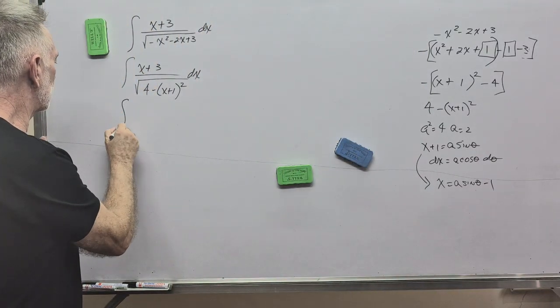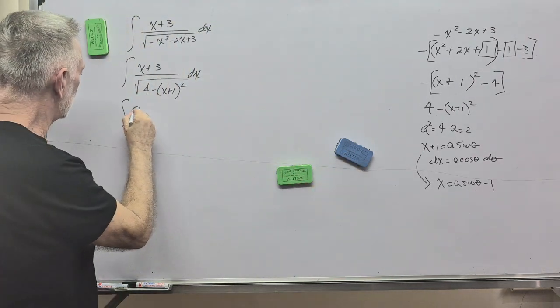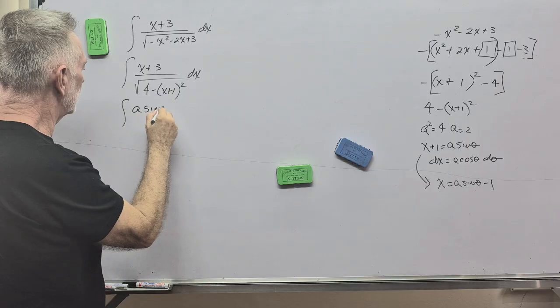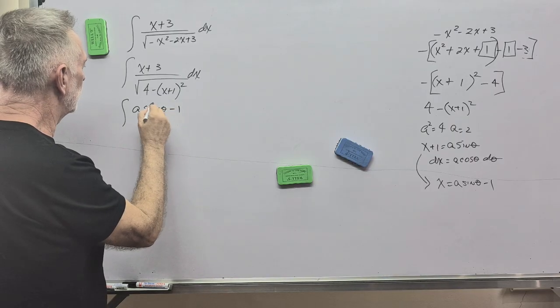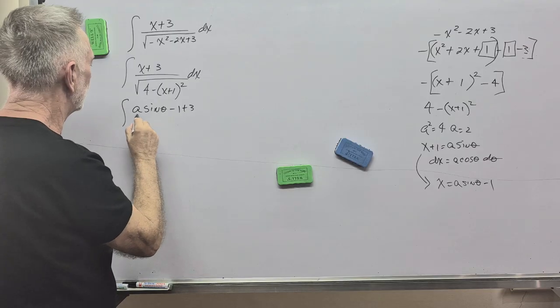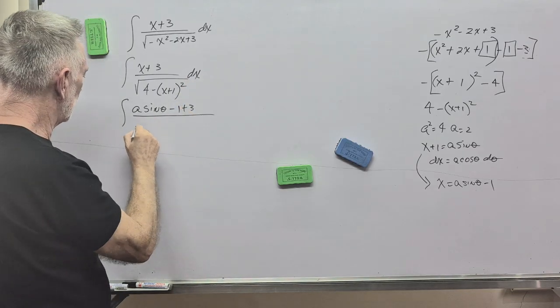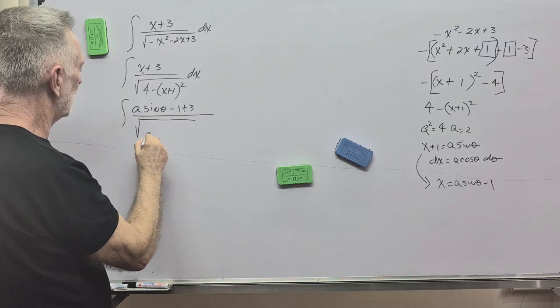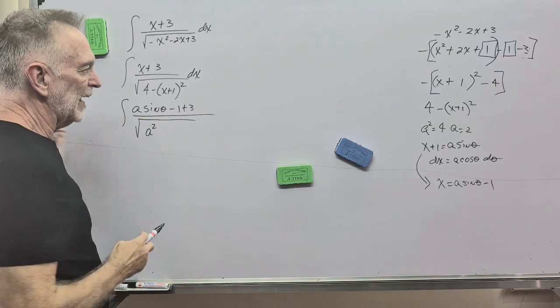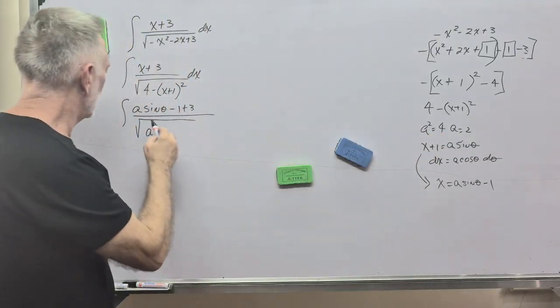I have the integral of x, which was a sine theta minus 1, plus 3 over the square root of 4, which is a squared. A squared was 4.